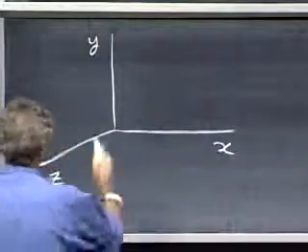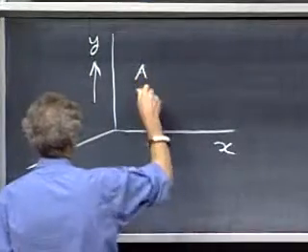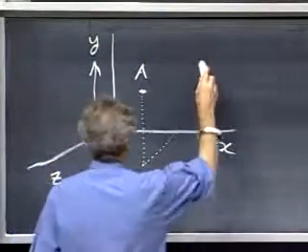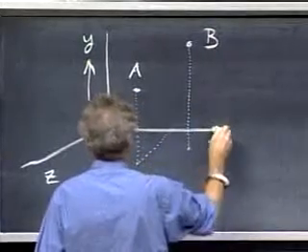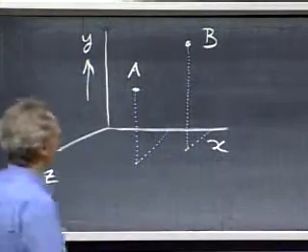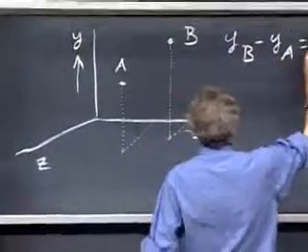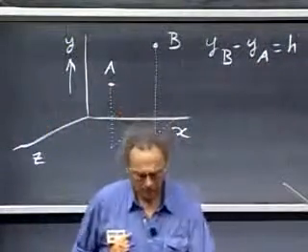And there is here, this is the increasing value of y, and there's here point A in 3 dimensions, like this, and there is here point B. So you get a rough idea about the 3 dimensions. And y of B minus y of A equals h. That's a given. So there's a height difference between A and B.